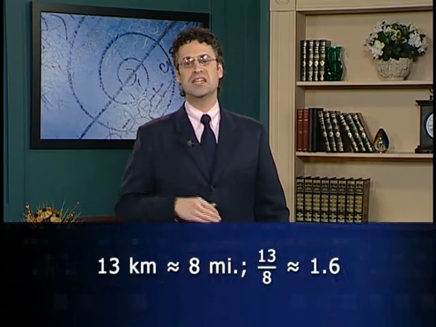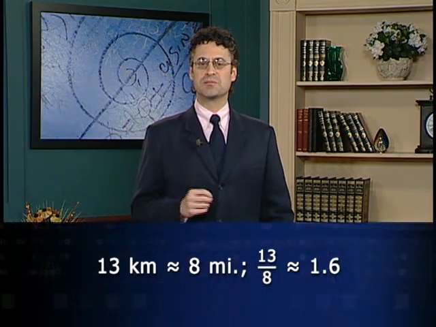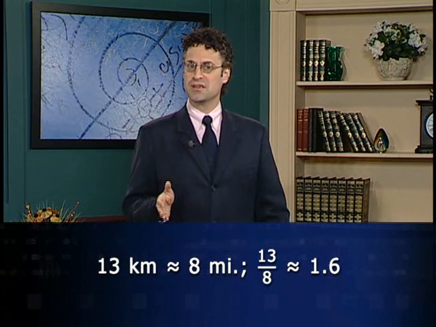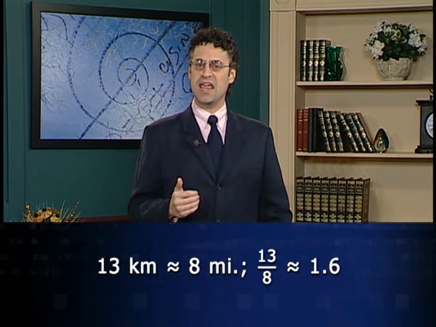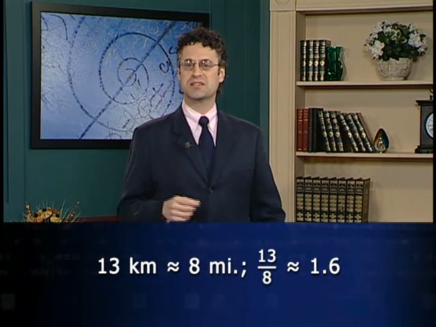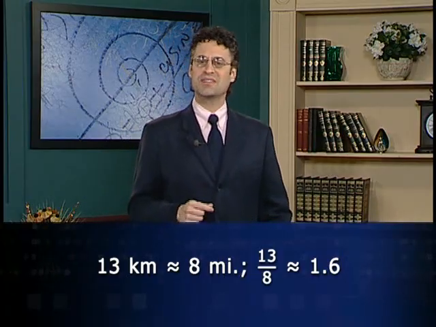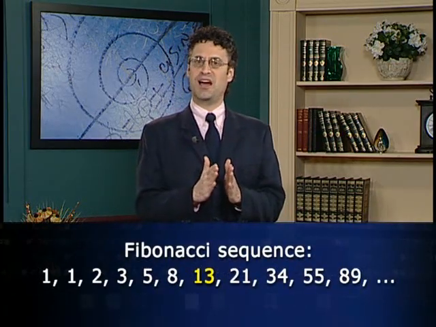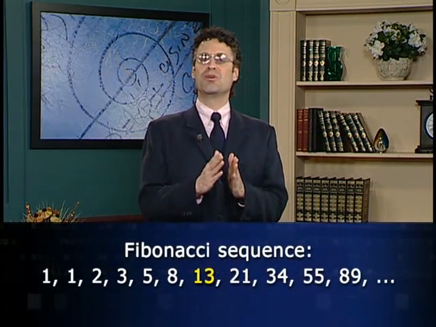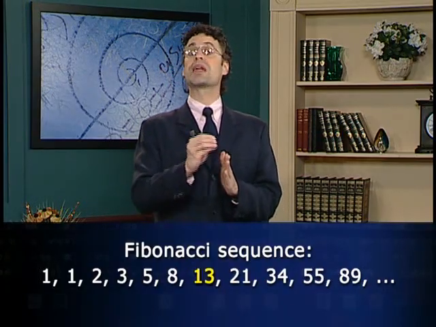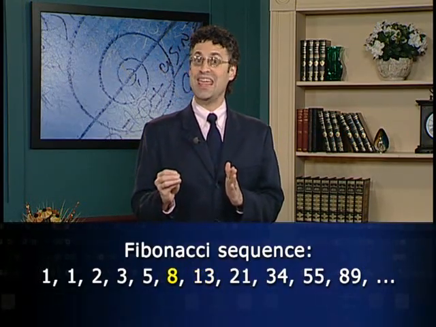Well, we can actually use the Fibonacci numbers to convert between kilometers and miles. And let me illustrate this with an example. So for example, 13 kilometers is approximately 8 miles, since 13 over 8 is approximately 1.6. Now, how did I get that? Well, since 13 is a Fibonacci number, all I did was find the Fibonacci number that comes right before it, which is 8.